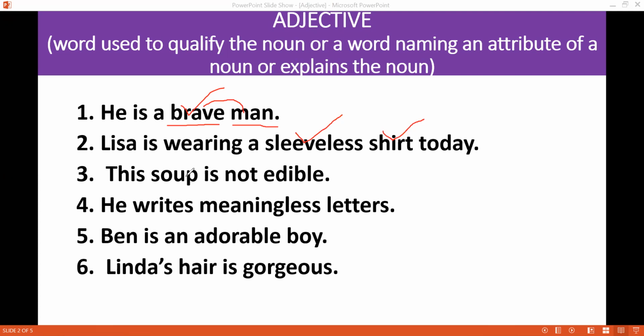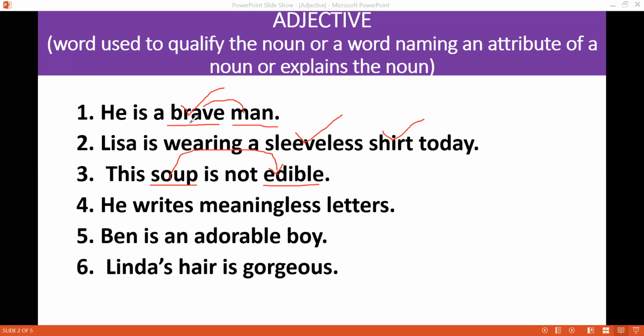Here, soup is a noun, and edible is an explanation of the soup. The quality of the soup has been made clear by the word edible. So, edible is an adjective used with this noun.